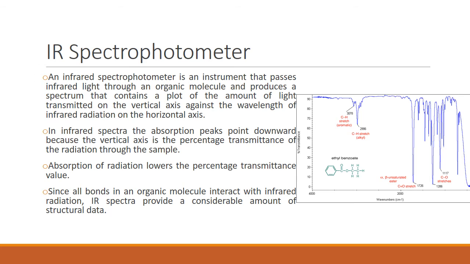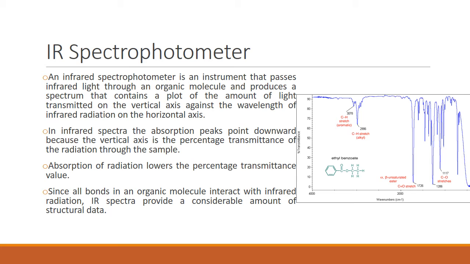For that we use an instrument called an infrared spectrophotometer, which passes infrared light through an organic or inorganic molecule and produces a spectrum containing a plot of the amount of light transmitted, or based on absorption, on the y-axis against wavelength, wave number, or frequency on the x-axis.